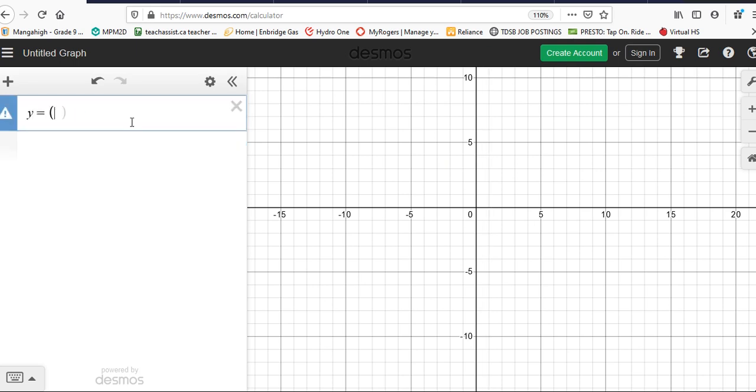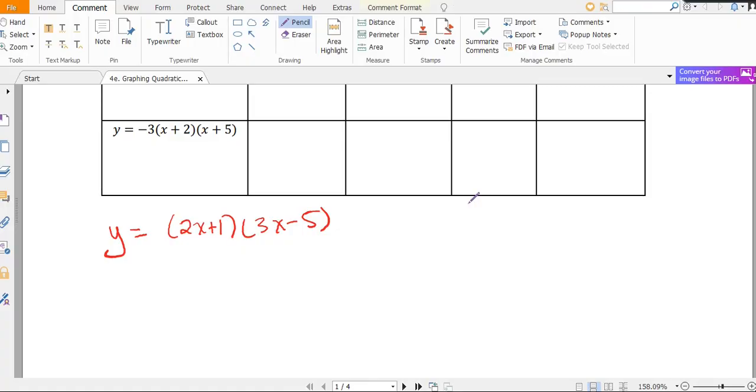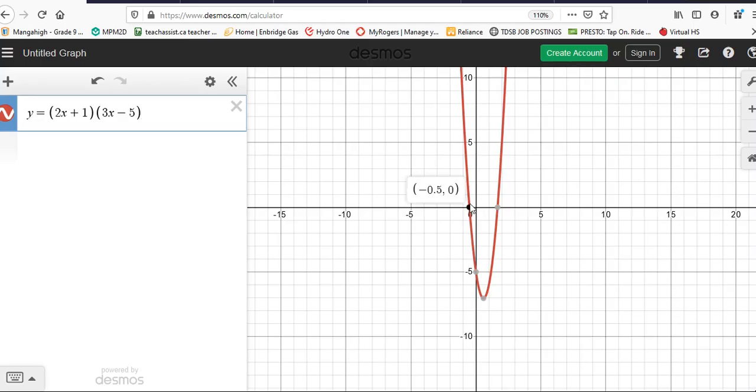y equals (2x plus 1)(3x minus 5). Are we correct? Is it at positive 5 and negative 1? No. So I'm going to backtrack and figure out how Desmos gave me these answers of negative 0.5 and 1.667.